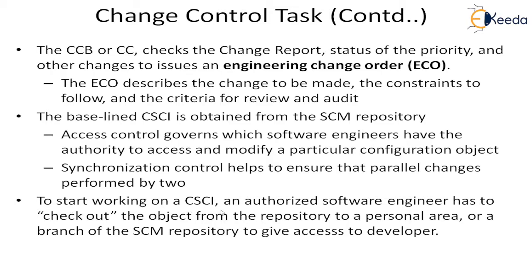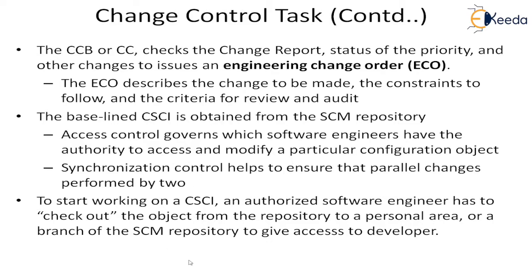To start working on a CSCI, an authorized software engineer has to check out the object from the repository to a personal area or a branch of the SCM repository to give access to the developer. So once the change request is passed and converted into a change order, that copy will be provided to the developer so that he can do the changes. And the access control and the synchronization control will help so that parallel changes can be done, parallel increments can happen, and nothing will go wrong in the system.